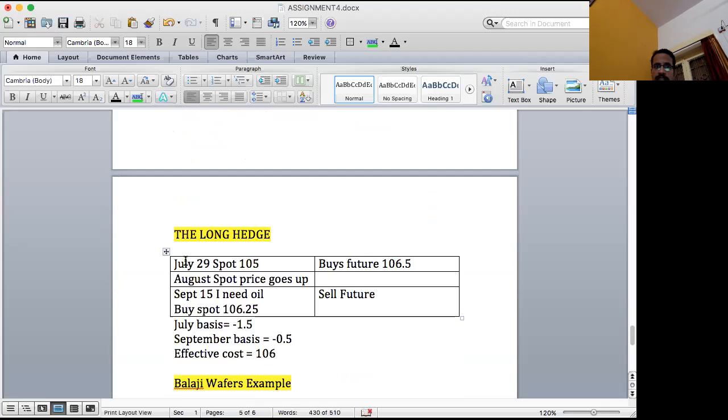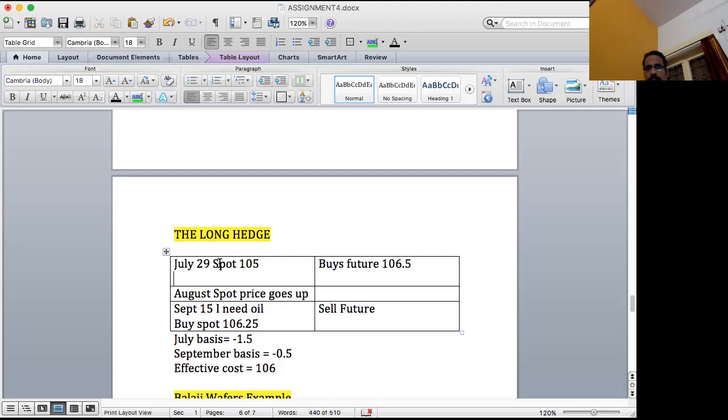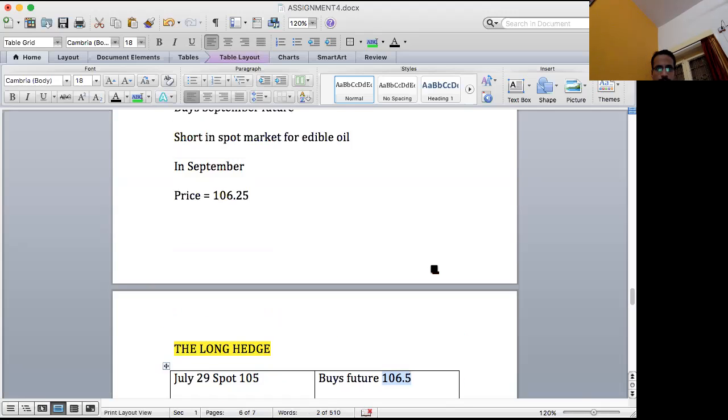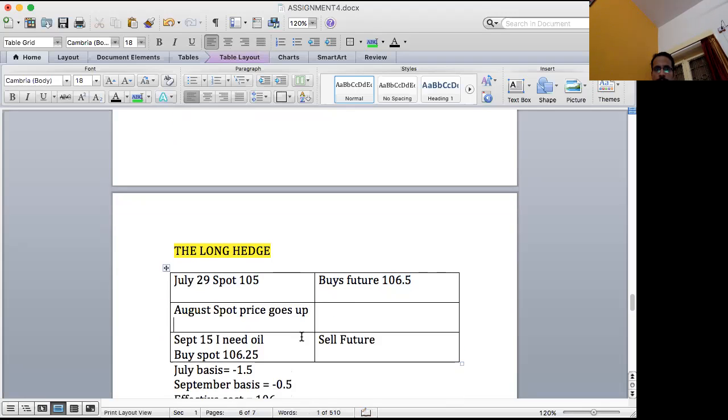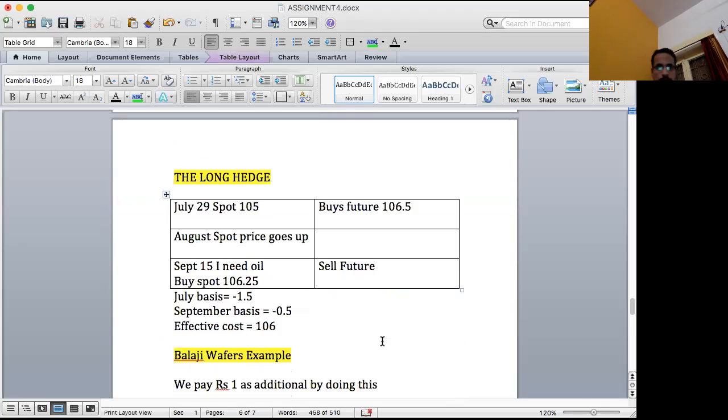So let us make this table out here. What we see is that in July the spot is 106 and the future is selling at 106.5. In August, we see the price is going up. And in September, when I need oil, we see that the spot is 106.25. So what do we do? We sell the future.